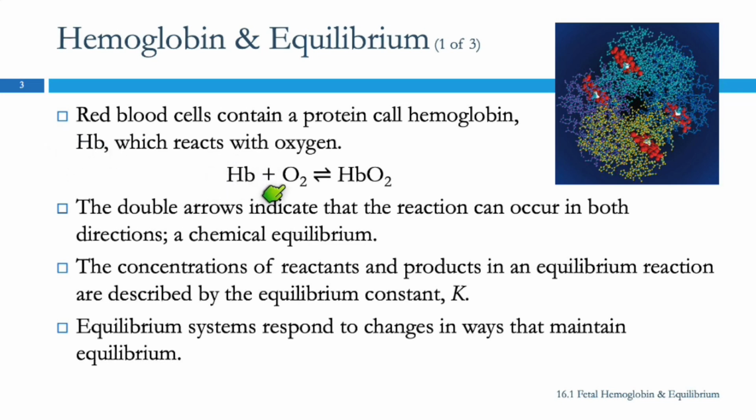Hemoglobin reacts with oxygen to form this complex. When we write this equation, we have a double-headed arrow here, which indicates that the reaction can go in both directions. This is a chemical equilibrium. The concentrations of the reactants and the products are described by the equilibrium constant that we're going to learn about.